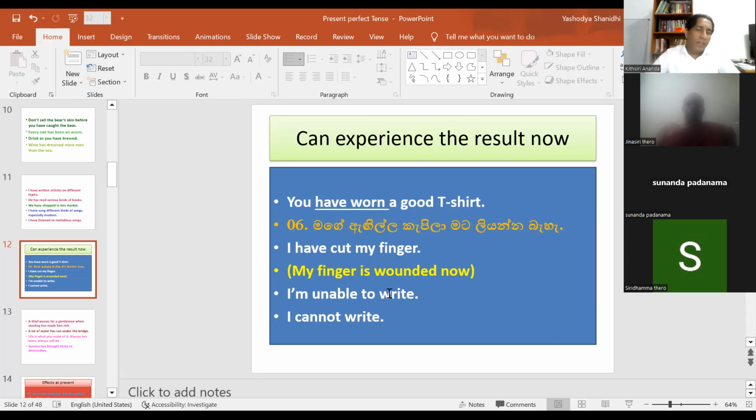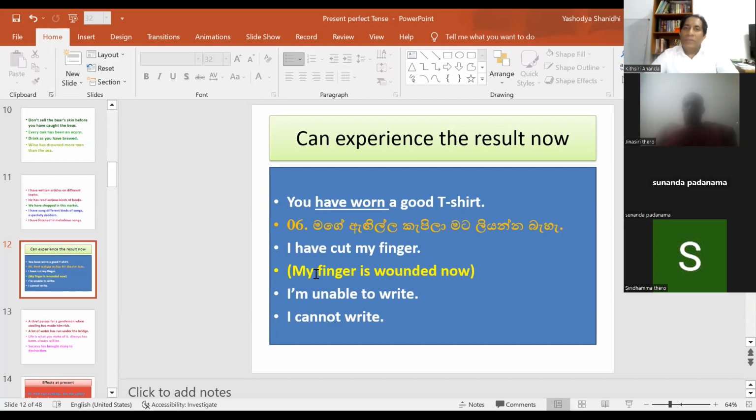When given a sentence of this type in singular, my finger has cut. You can't make your finger the subject because your finger itself doesn't get cut by mistake or whatever way.